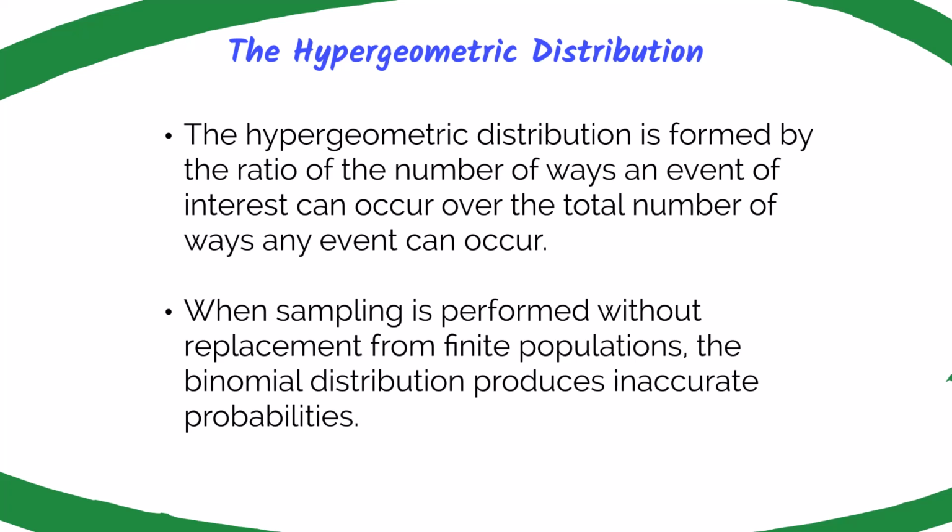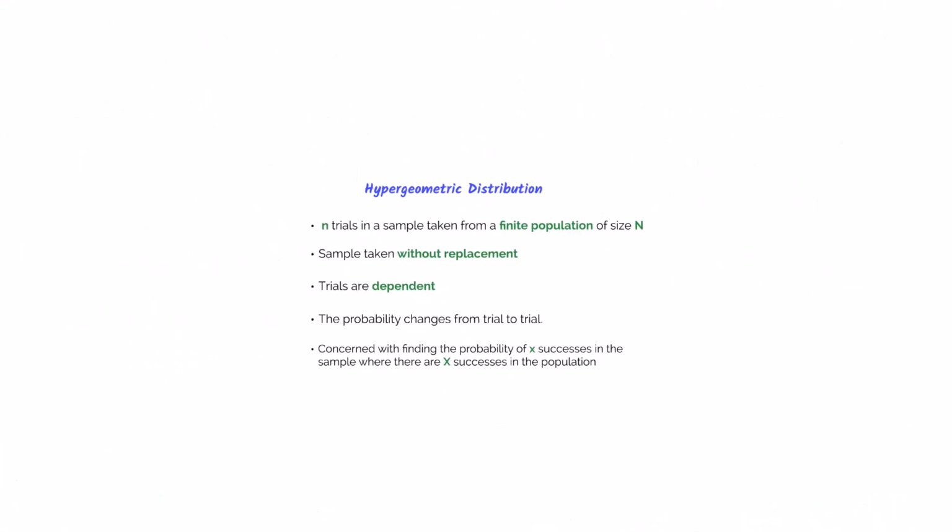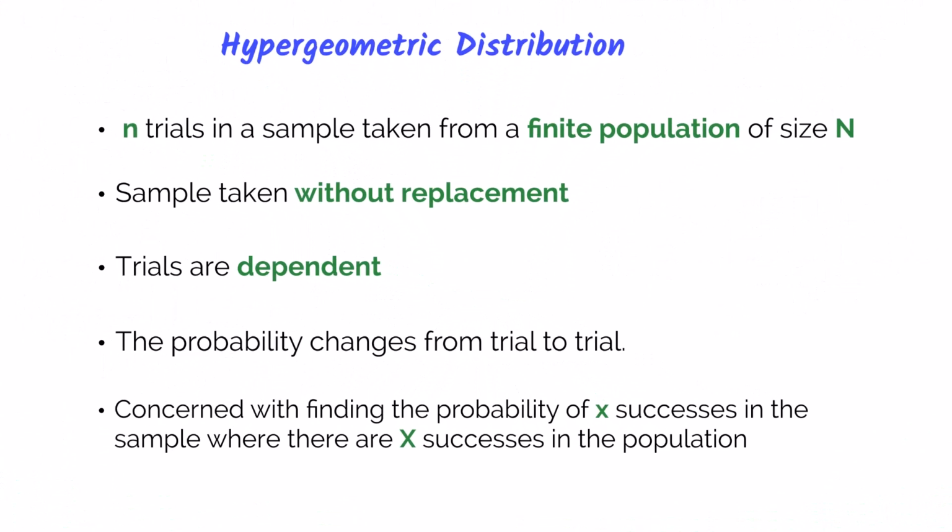The key point here is that when sampling is done without replacement from a finite population, the binomial distribution could produce inaccurate probabilities. So we're going to denote our sample as the n trials from a finite population of big N. The trials are dependent, and when we take a sample without replacement, meaning it's not available to be selected again, the probabilities change after every trial.